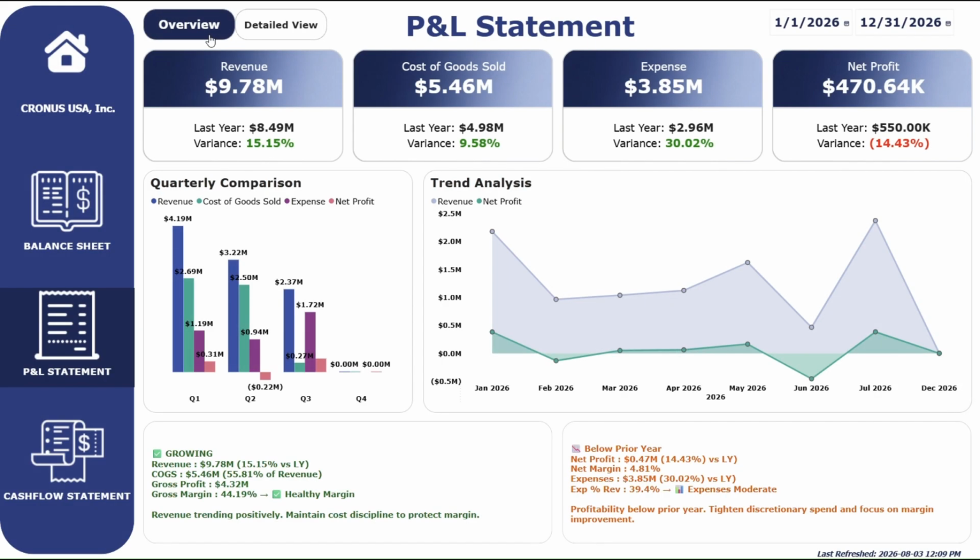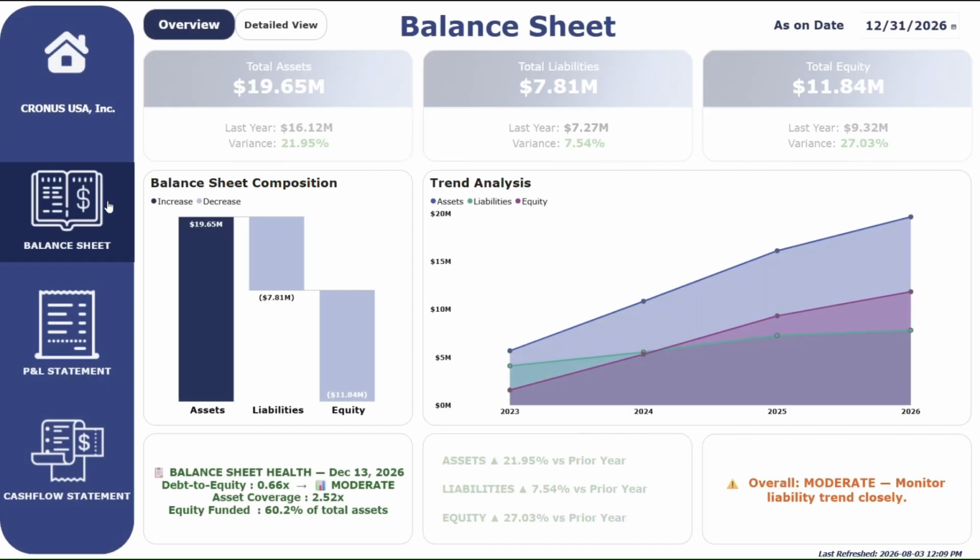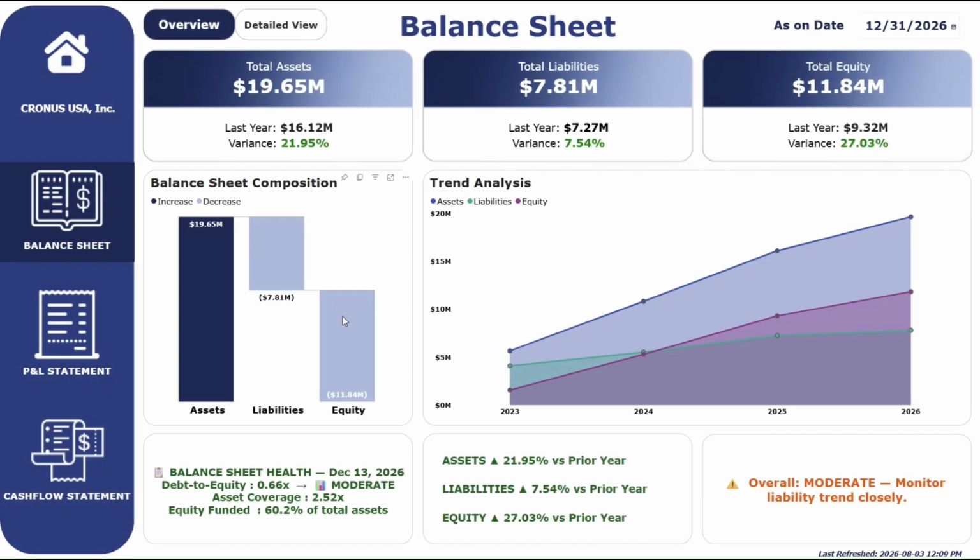Built on Microsoft Power BI and seamlessly integrated with Microsoft Dynamics 365 Business Central, the Finance app transforms financial data into actionable business intelligence. Whether you're monitoring financial performance, analyzing profitability, tracking cash flow, or supporting executive decision-making, the Finance app provides the insights your organization needs to succeed.